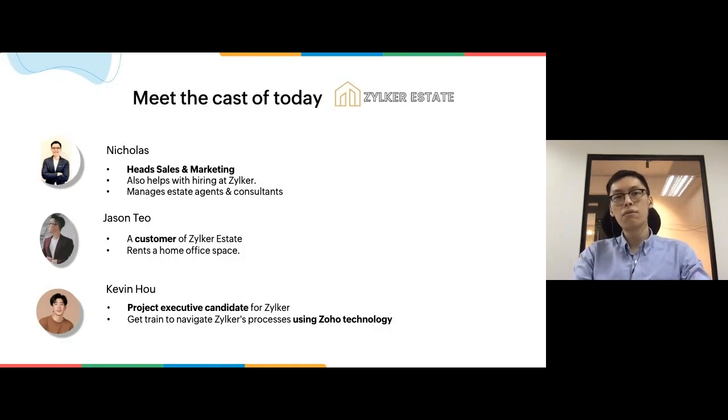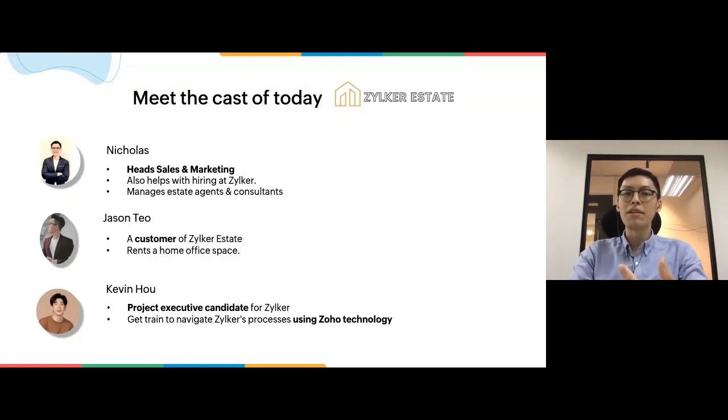This is completely fictional. We're going to come on as a pretty standard real estate company. We do leasing management, and we build flats, commercial estates, etc. And there are really three portfolios to look at here. Nicholas heads the sales and marketing side of things. Occasionally, Nicholas also helps with the hiring processes at Zoho, especially when it pertains to sales and marketing.